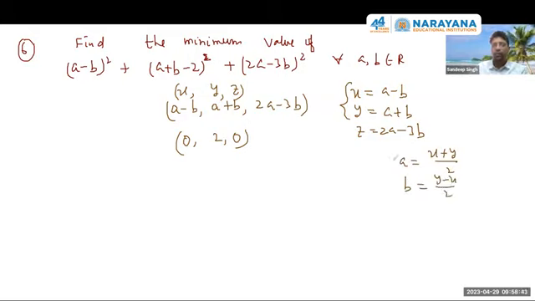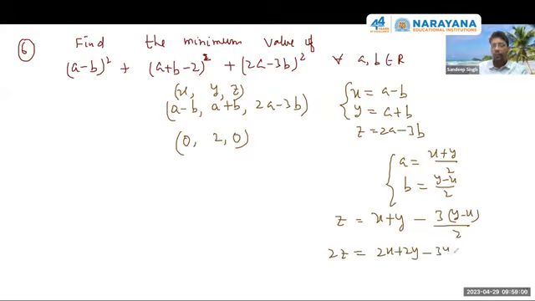Is that what you have done, Sai Rishi? Yes, sir. So z equal to x plus y minus 3b, with b as y minus x by 2. So this is 2z equal to 2x plus 2y minus 3y plus 3x.